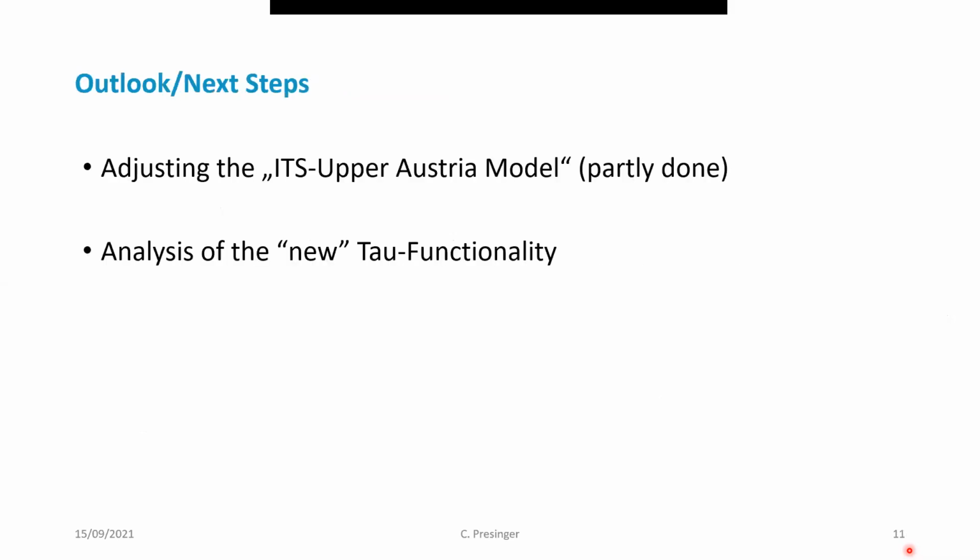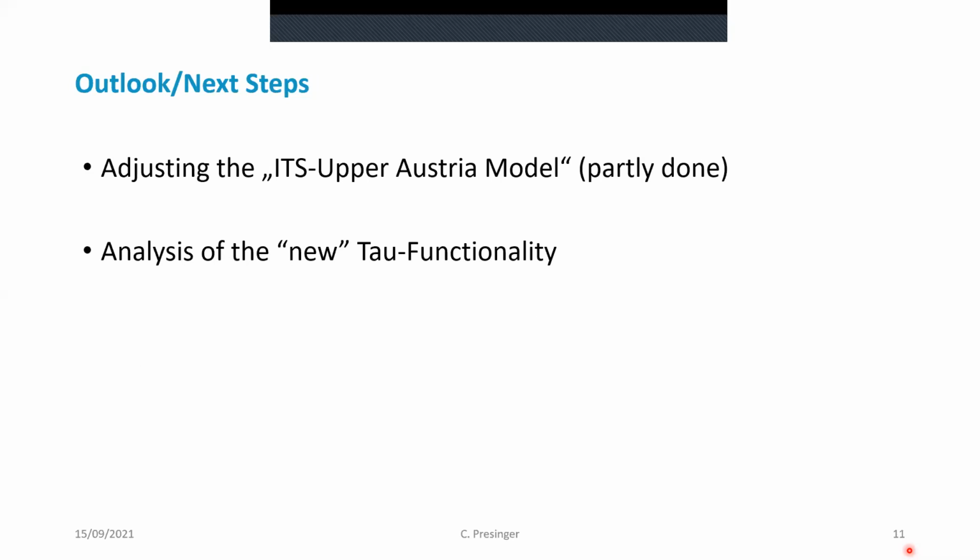All right, so I used my findings to adjust the ITS Upper Austria model. This is already done. I went to my project partners with my findings, and they recalibrated the simulation with the new settings.